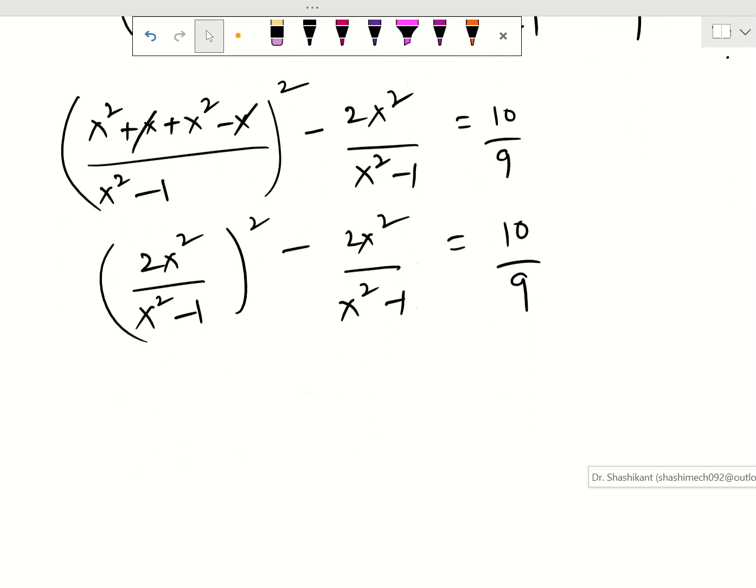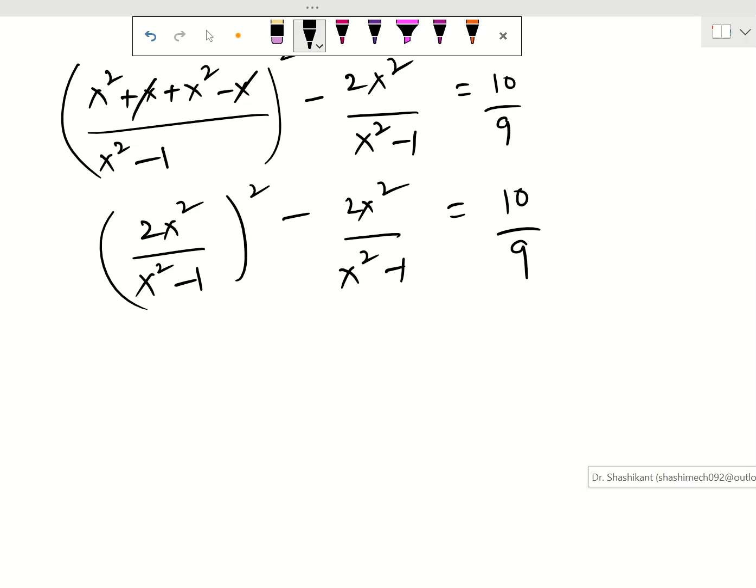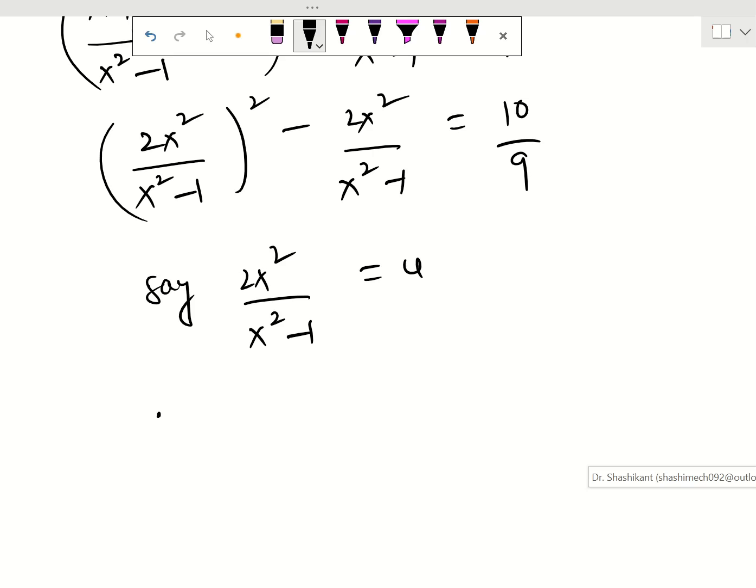So inside this term, I will just consider 2x square over x square minus 1 as u. Then it will be u square minus u is equal to 10 by 9, right?